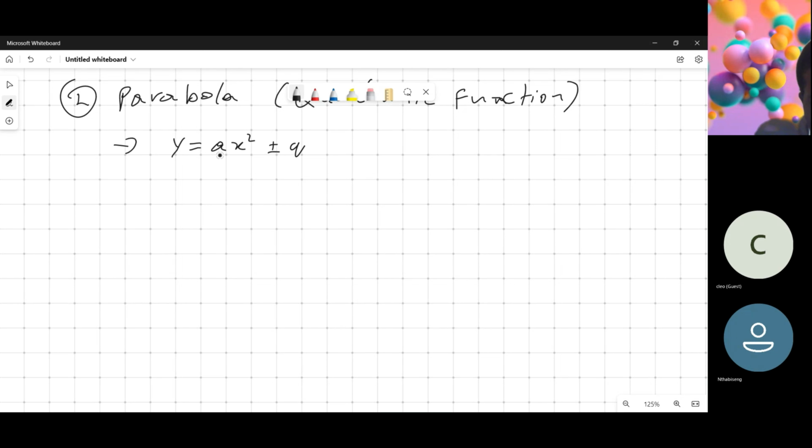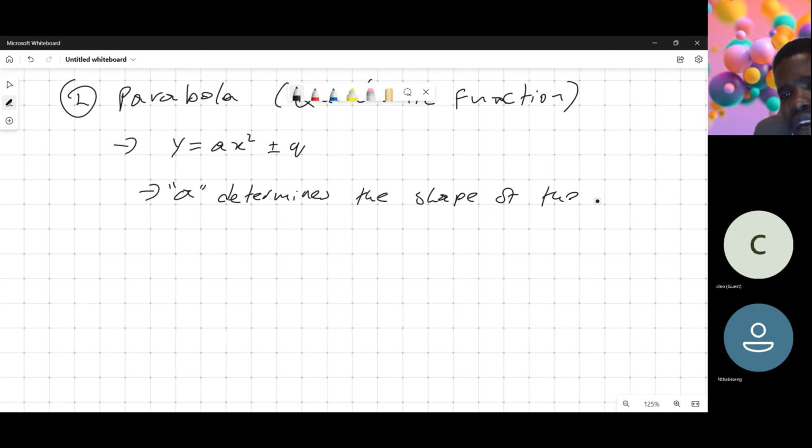But what does a do? a determines the shape of the graph.